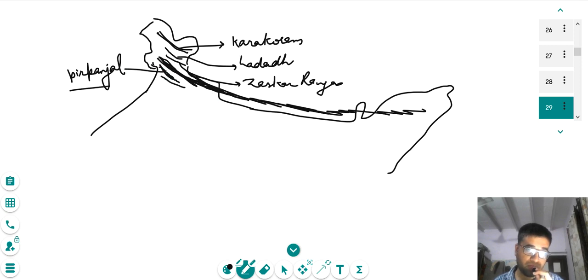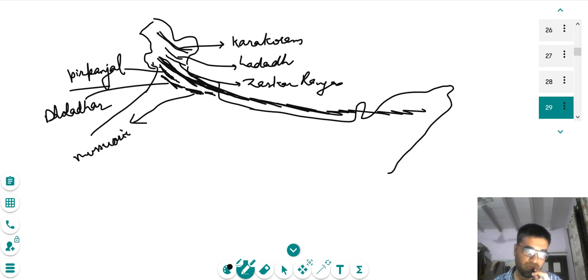Below Pir Panjal, here you have the Dholadhar ranges. Here you have the Mussoorie and the Kumaon Himalayas. This is the Mussoorie ranges. These are the Kumaon Himalayas.